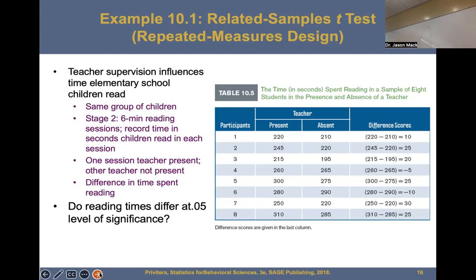So we have 220 minus 210. These are the difference scores right here. Does that make sense, everybody? So we want to find, are the kids going to spend more time? Is there a difference in the time spent reading with the teacher there or not?